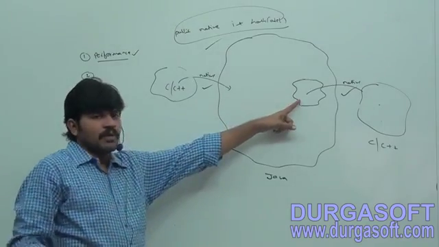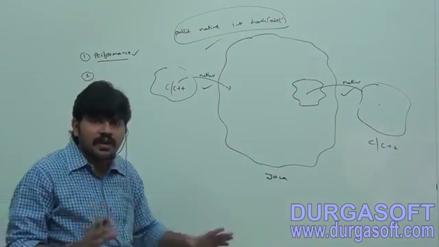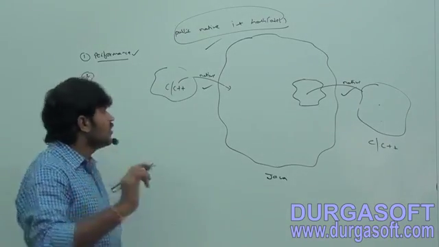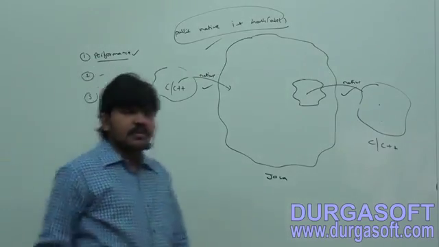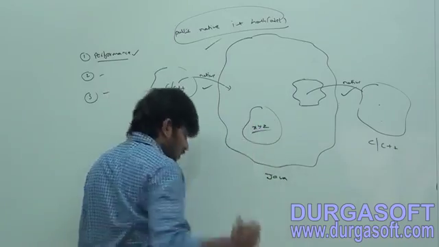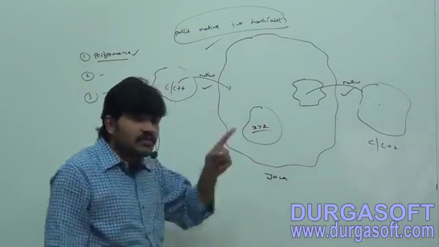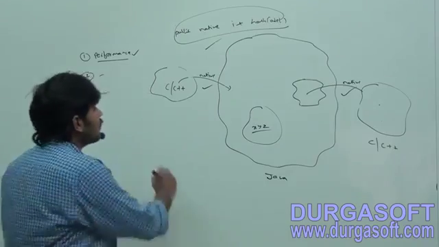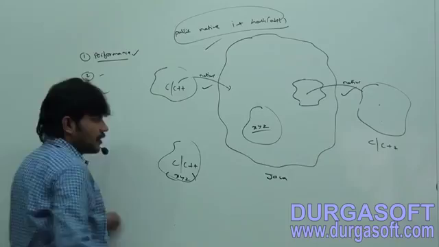I hope you are aware. One reason, performance. Second reason, machine level, memory level communication is required. There is another third reason also. Observe, sir, I want some XYZ functionality, but this XYZ functionality is already there in C or C++.